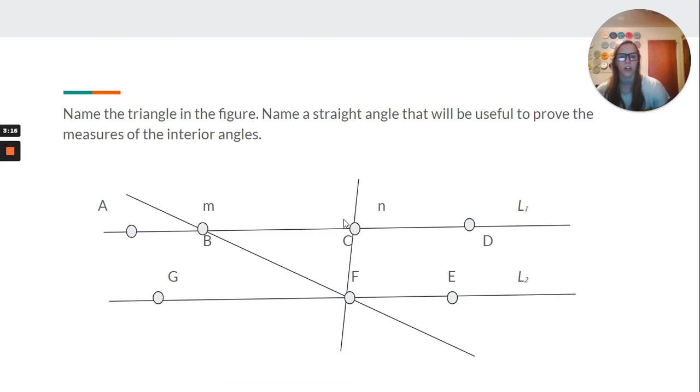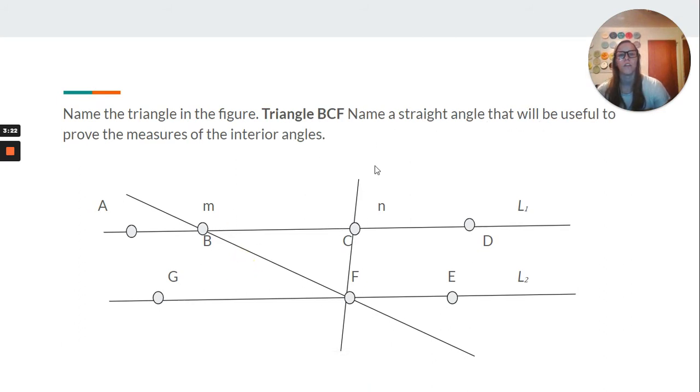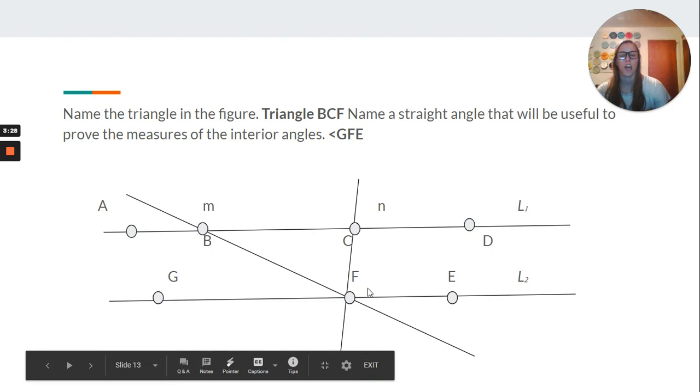So we have this triangle here. So we're going to say triangle BCF. Name a straight angle that would be useful to prove the measures of the interior angles. So we chose GFE, so this bottom one here.